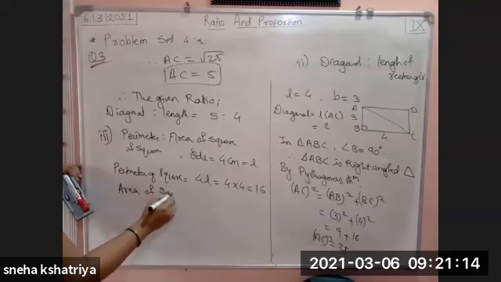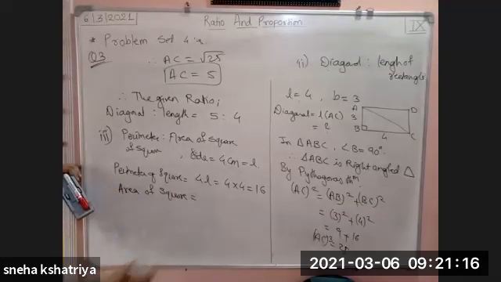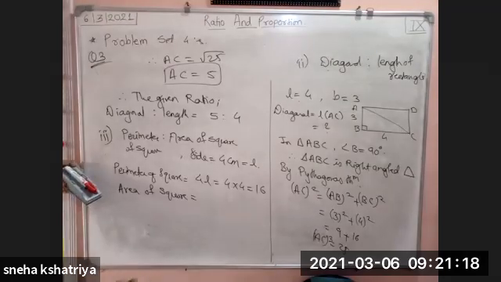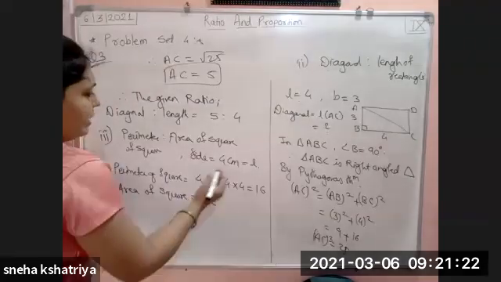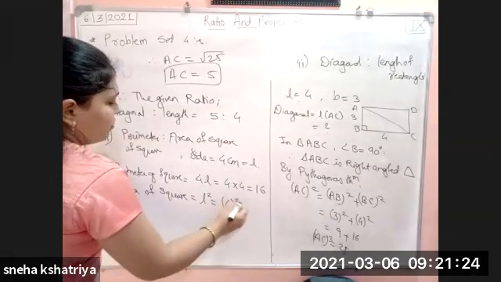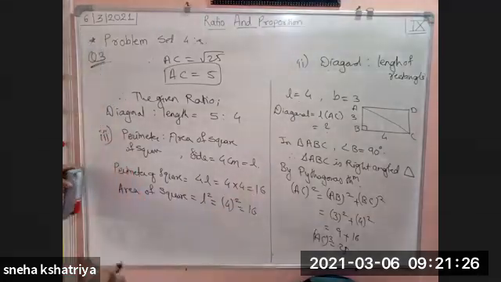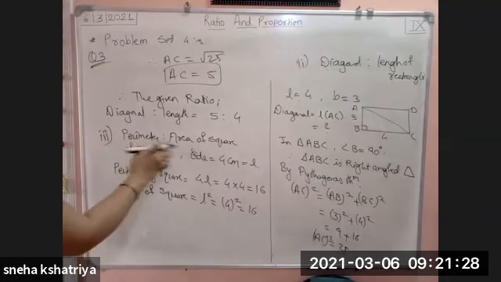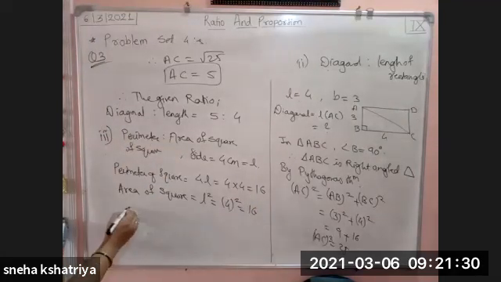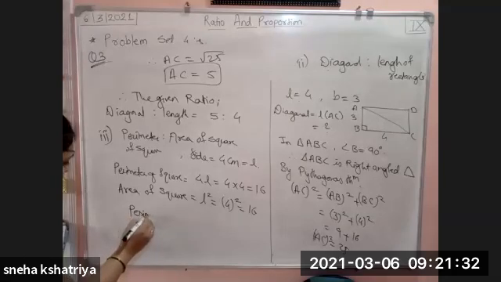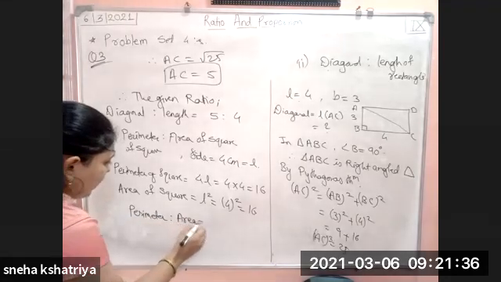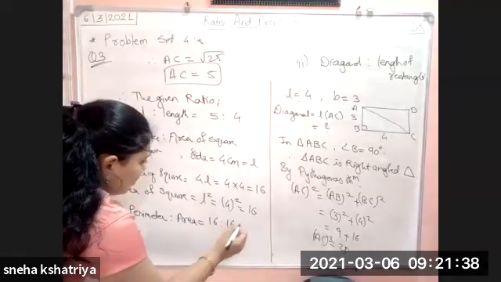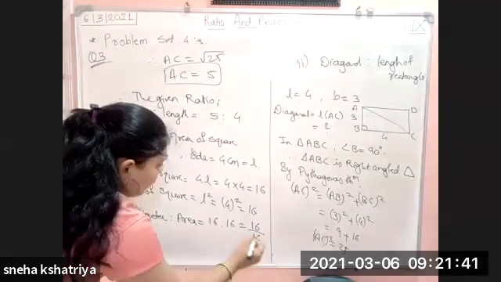Area is your L square. So L square means what? Your 4 square, which is equal to 16. So the required ratio of perimeter to area, we will write here only. Perimeter to area is equal to 16 is to 16, which is equal to 16 upon 16.